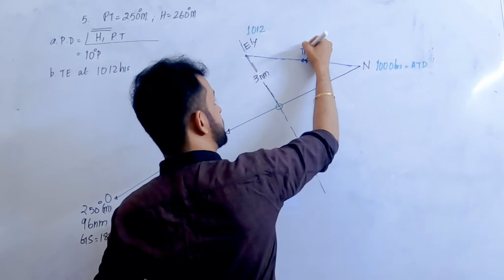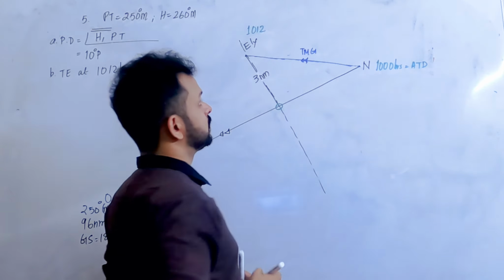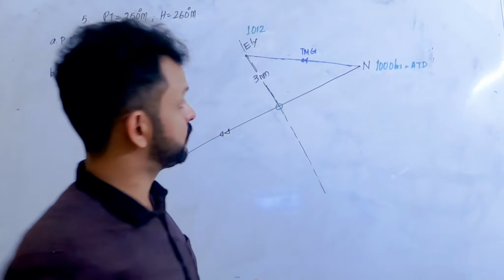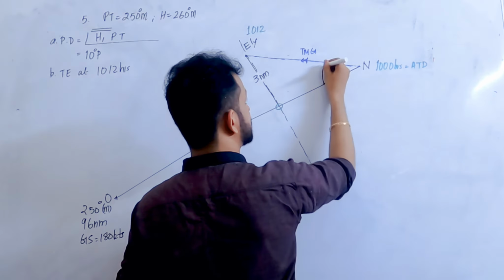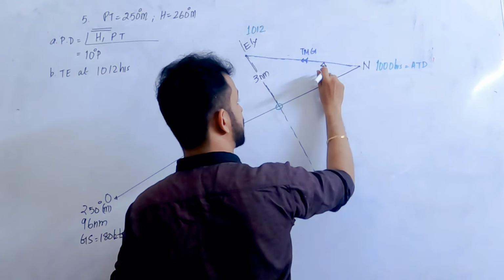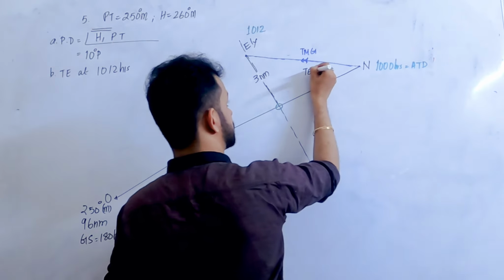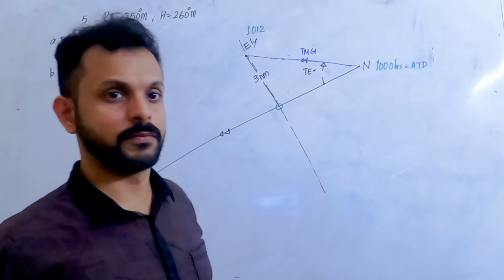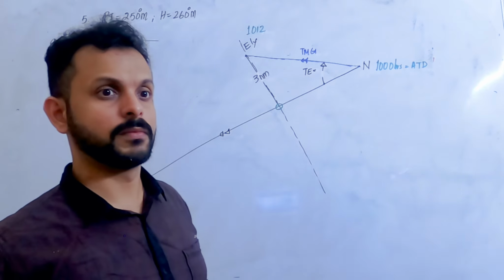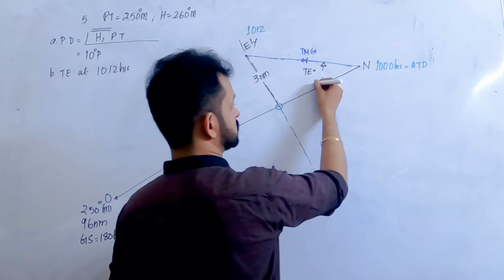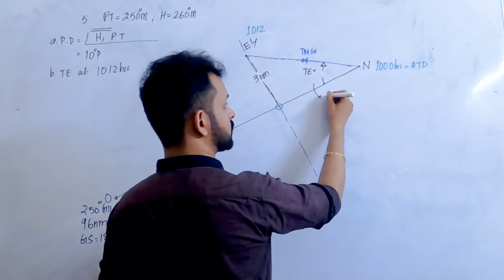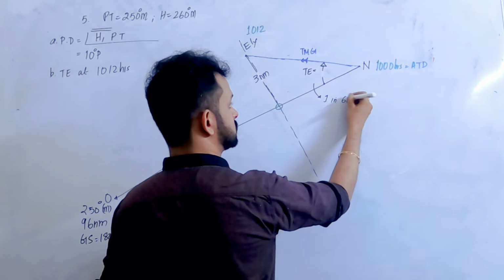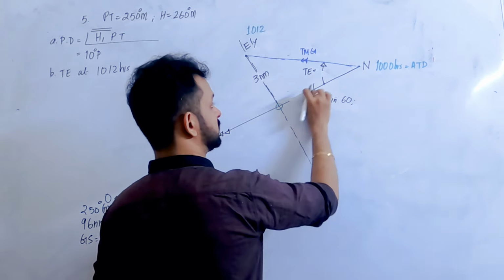Measured from the planned track towards the track made good is what is called track error. To calculate the track error, we have the distance off, but we don't have the distance gone.